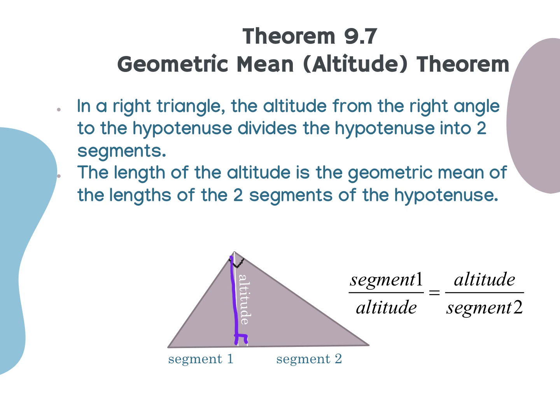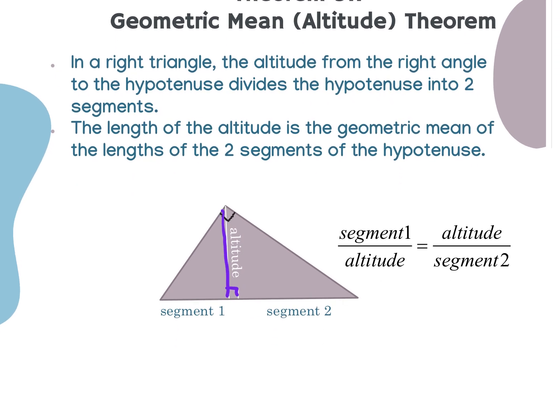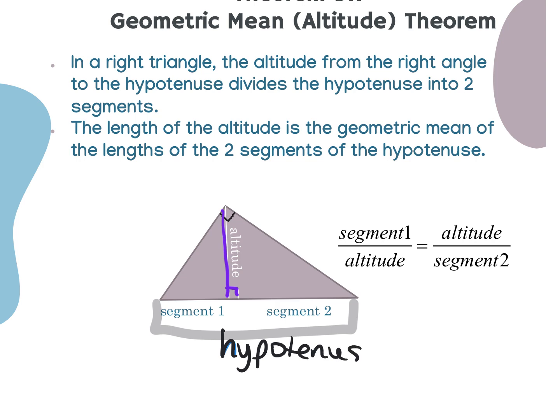So this is the original right triangle here. So this is the hypotenuse of the original. And these over here are going to be the legs. So I have a leg over here.